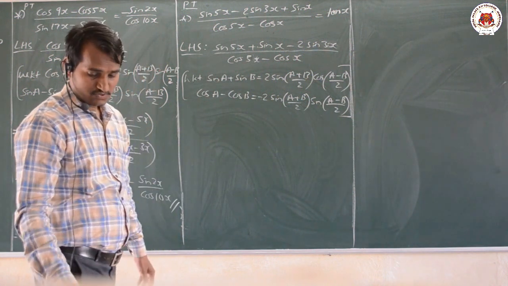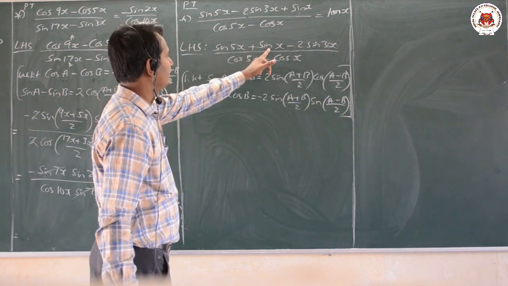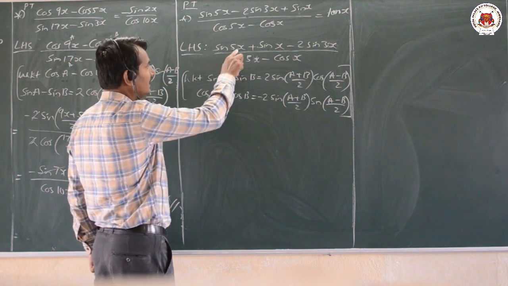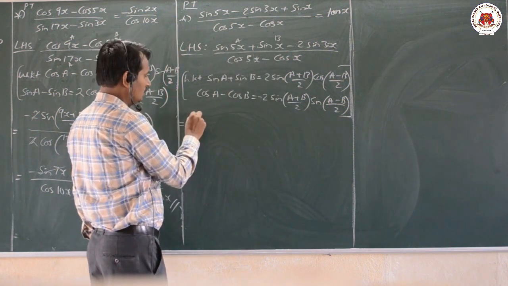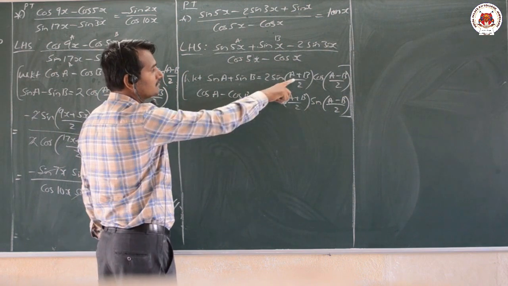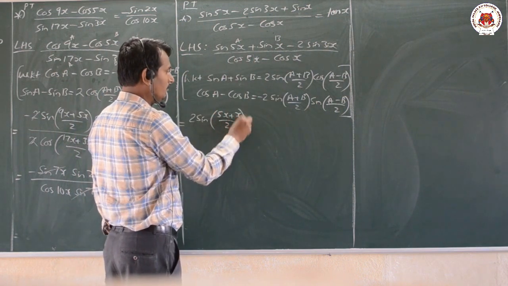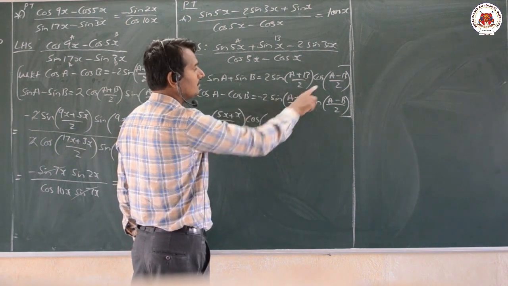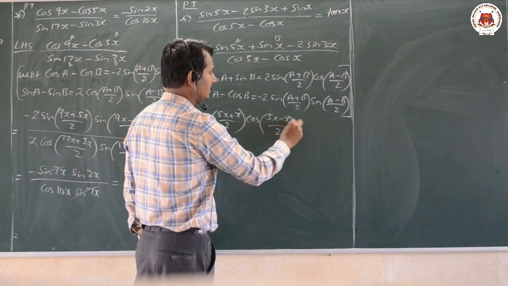Now, directly, students, I am going to solve it here. For sin A plus sin B, only these two terms, this is A and this is our B. What you can write here is 2 sin of (A plus B) by 2, that is 5x plus x by 2, into cos of (A minus B) by 2, that is 5x minus x by 2.